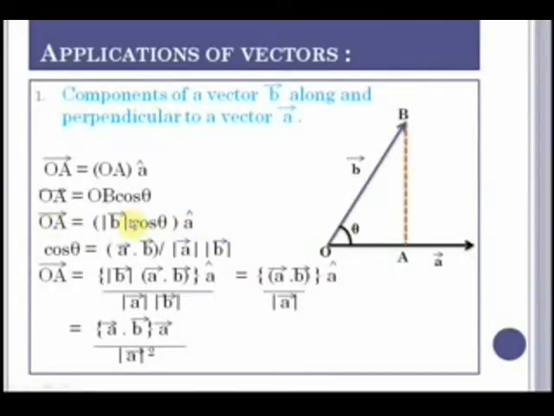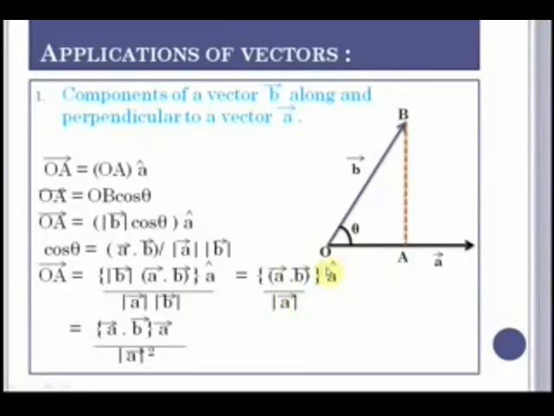Now we also know that cos theta is equal to A dot B divided by the modulus of vector A into modulus of vector B. So we put this value over here to get OA equal to modulus of vector B into vector A dot vector B divided by modulus of vector A into modulus of vector B times a unit vector A. So this and this get cancelled, and what we get is A dot B divided by modulus of vector A times a unit vector.